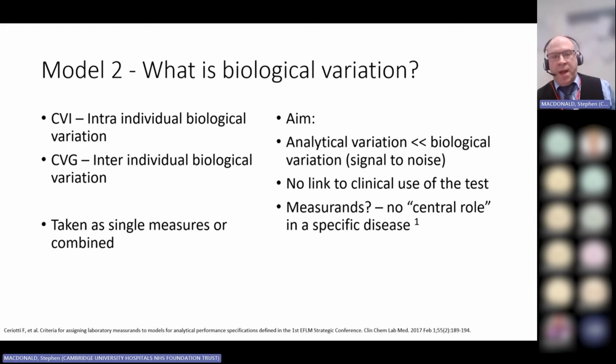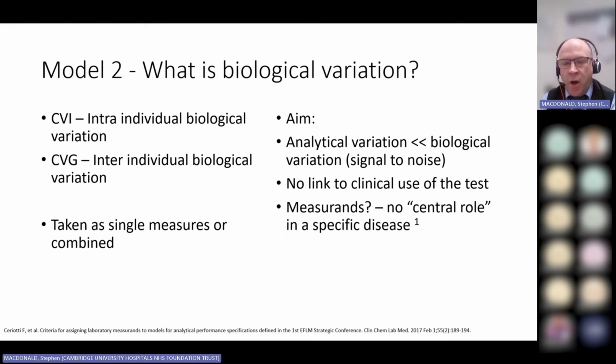So biological variation, again, probably something that is more familiar to many people for developing performance specifications, generally can be thought of as being derived from two different components. If you imagine, every measurand within an individual will have what is called a homeostatic set point.